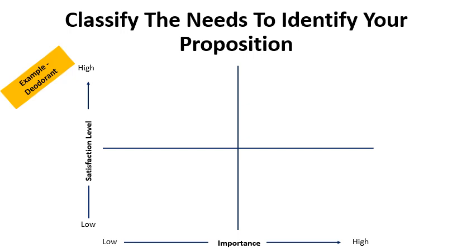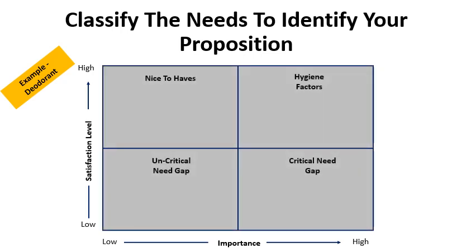One axis is the level of importance of the needs, so we discussed need hierarchy. The other is the satisfaction level against those needs. You will then be able to classify the needs. Some needs are nice to have, because they are not so important, so even if you have them, it is not going to create enough value for the consumer or the customer.